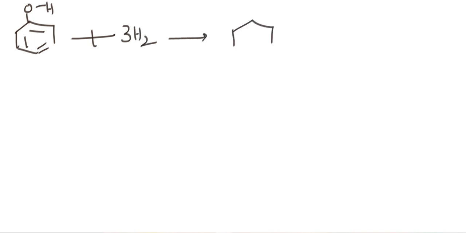And one more important thing, the very simple reaction it is. This is phenol treated with 3H2, then you are going to get cyclohexanol in presence of Raney nickel, 150 degrees centigrade to 200 degrees centigrade.